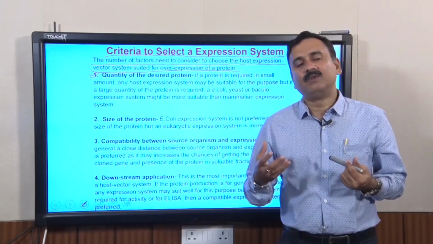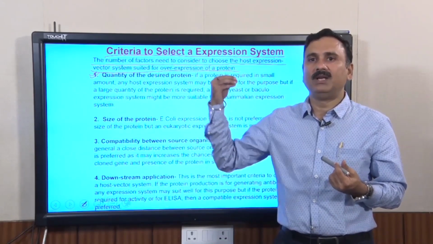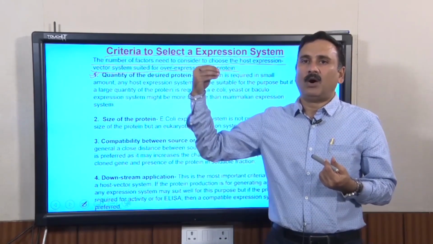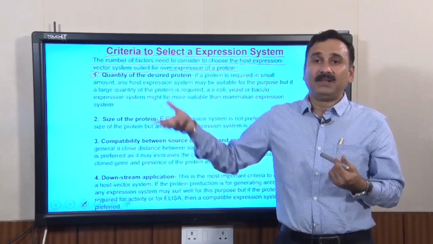a factor which you are going to use in downstream applications, for providing nutrients, or you are going to use these proteins for developing health drinks.